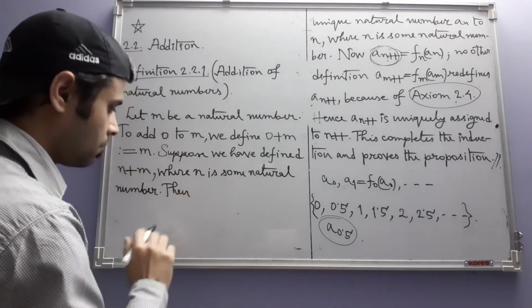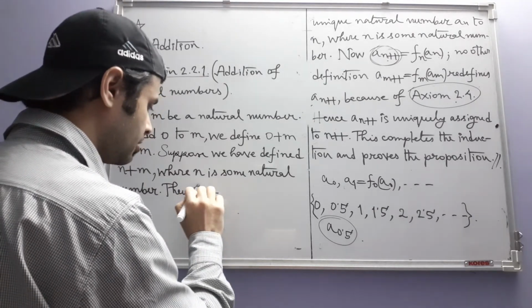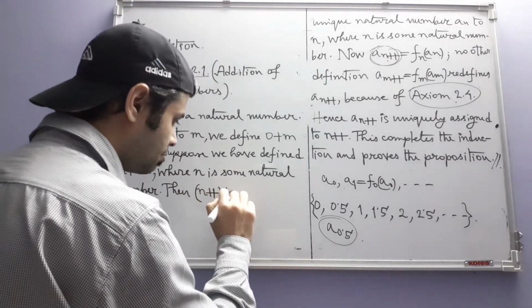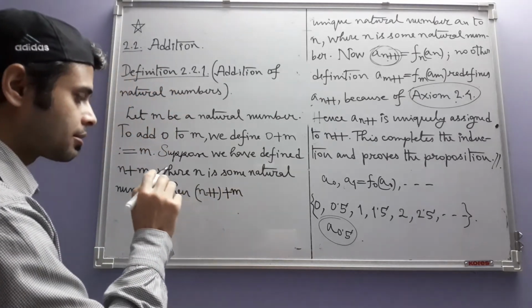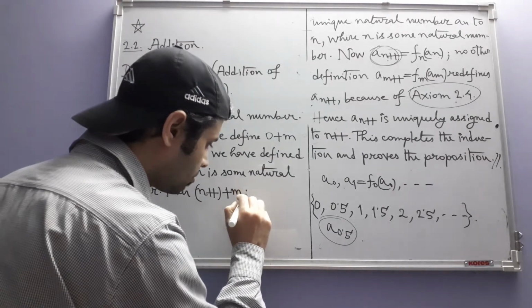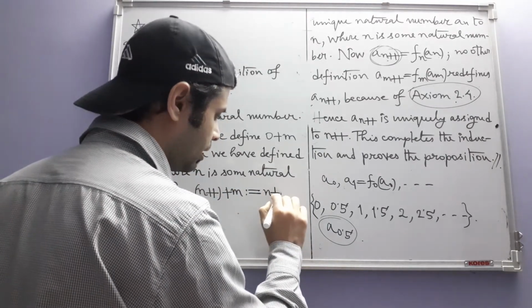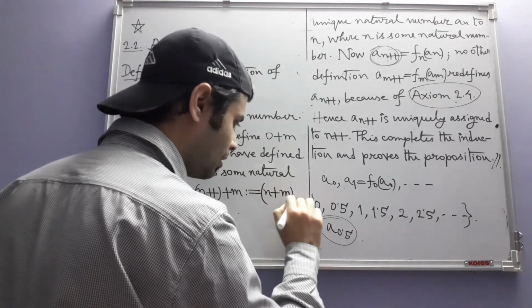Then what is the meaning of this that I have to say? What does it mean to add the successor of N to M? That I am defining to be equal to (N + M)++, its successor.